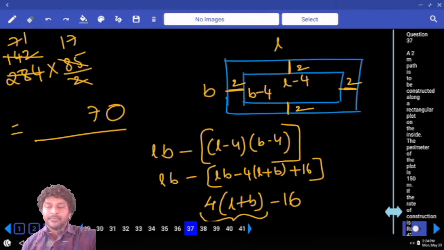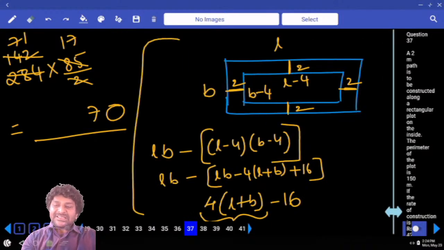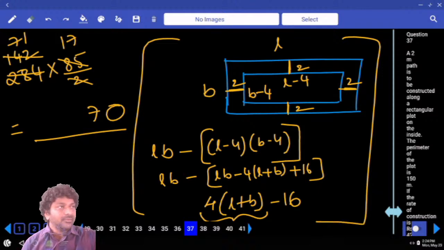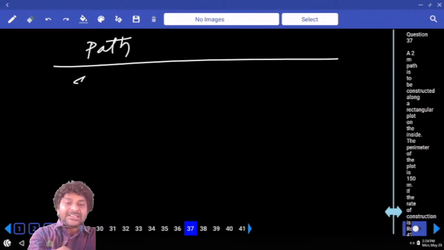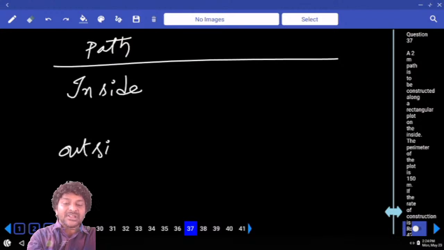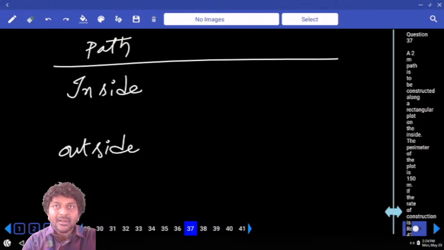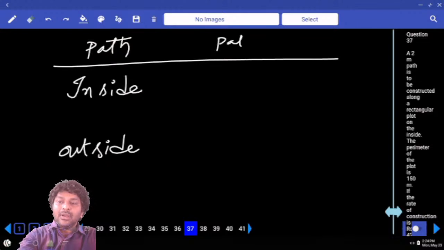Over. Now this is the simplification that we have followed. From next time onwards, you don't have to solve everything. I'll directly tell you this. If your path is inside, this is one case, and outside, this is another case. Now, how much is the path area?